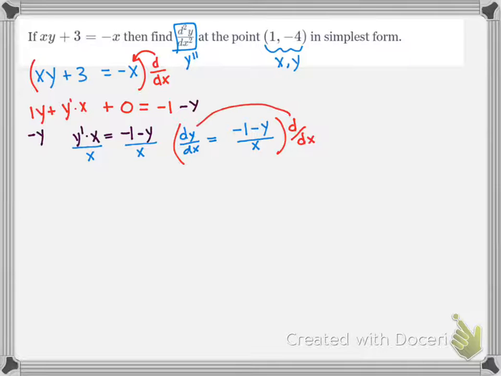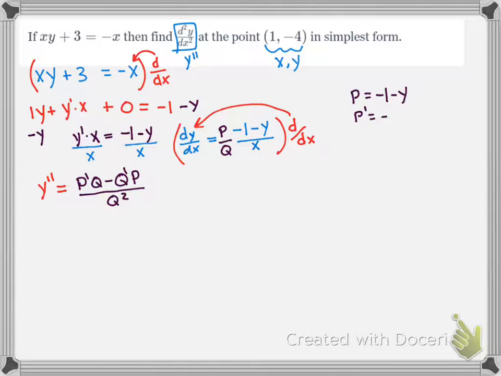When we do this, the left side is just our y double prime equals, well, here we have a quotient, a p over a q. So we'll have p prime q minus q prime p all over q squared. If p is equal to negative 1 minus y, then our p prime will be negative y prime, or dy dx.